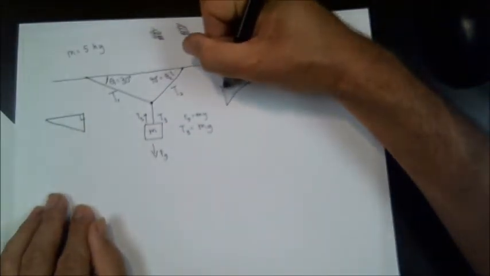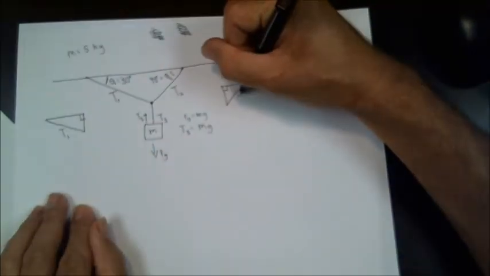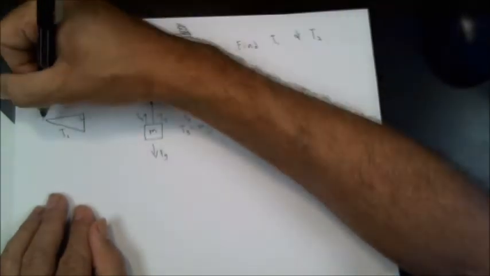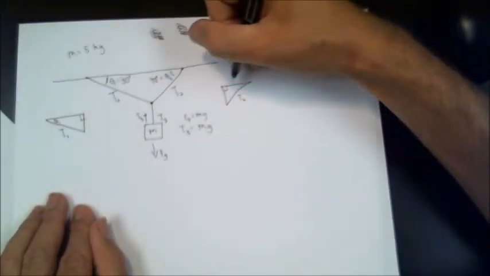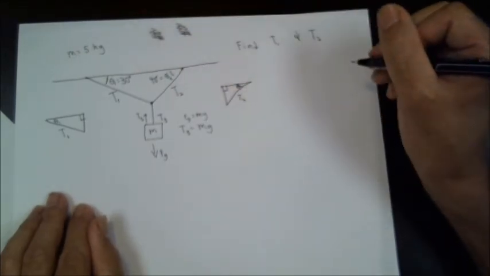I'm drawing them both upside down. There's my right angle there and a right angle there. T1 is the hypotenuse for this triangle, and T2 is the hypotenuse for this triangle. It means that right here I have theta 1, and right here I have theta 2.